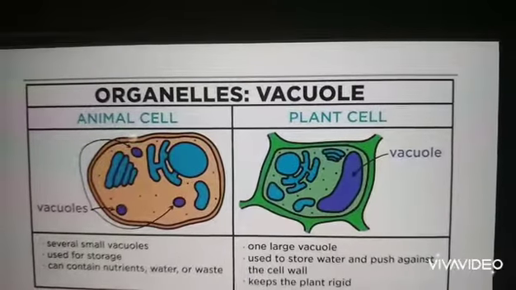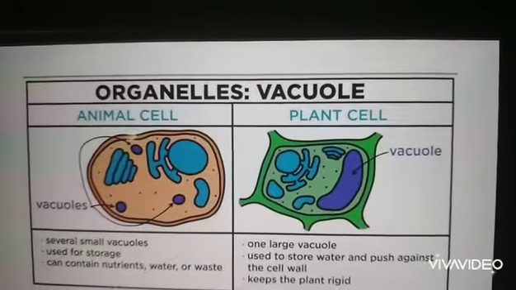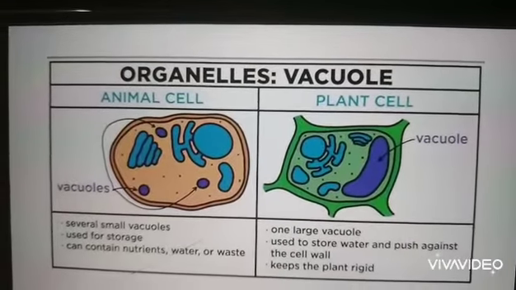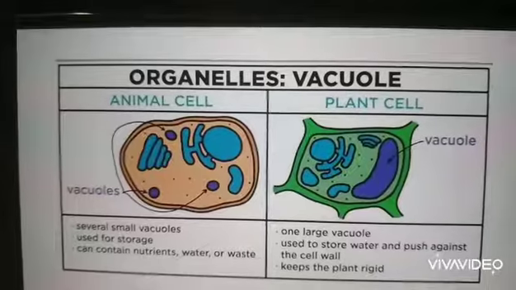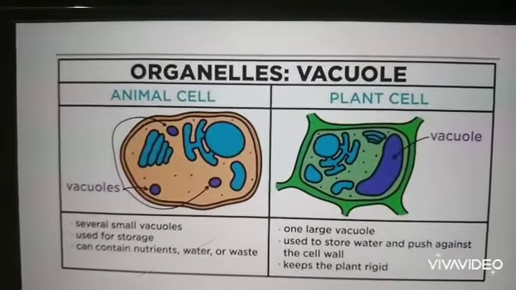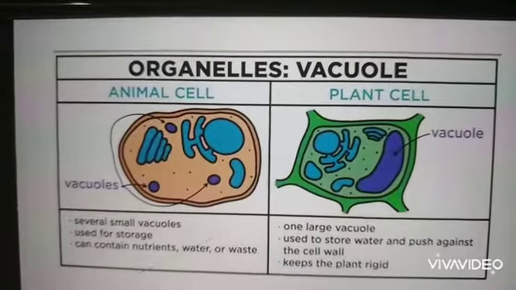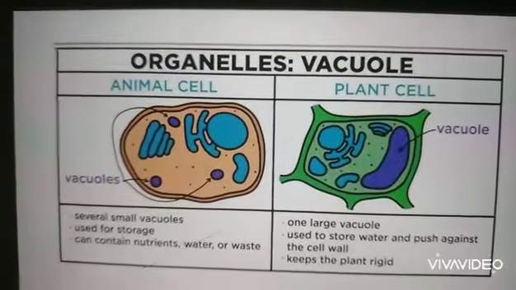In some unicellular organisms, specialized vacuoles also play an important role in expelling excess water and some waste from the cells. So this is the difference between the structure of vacuoles in animal cell and plant cell.